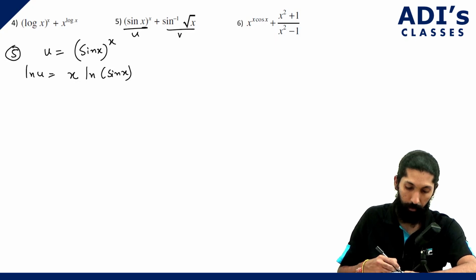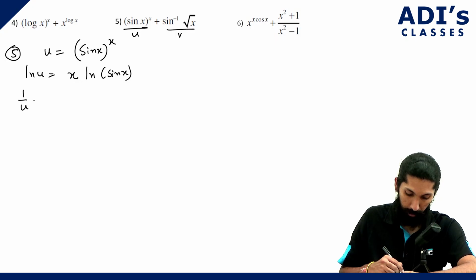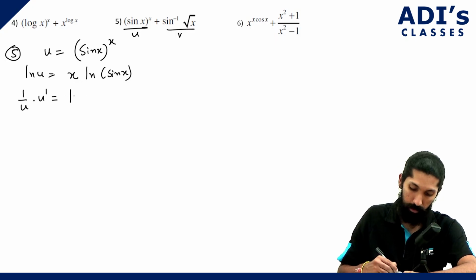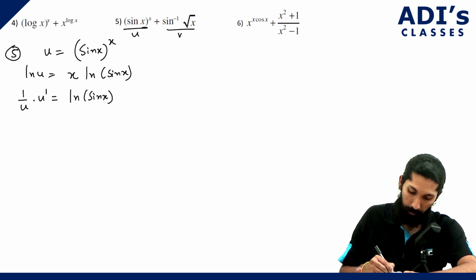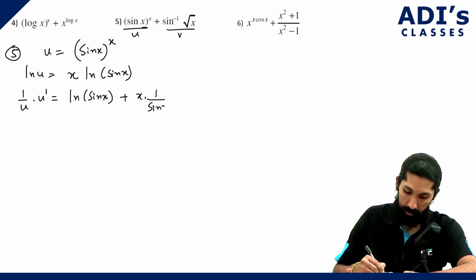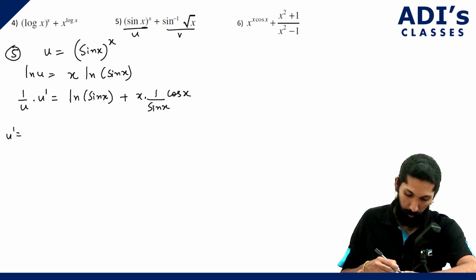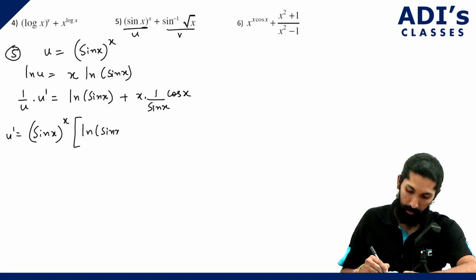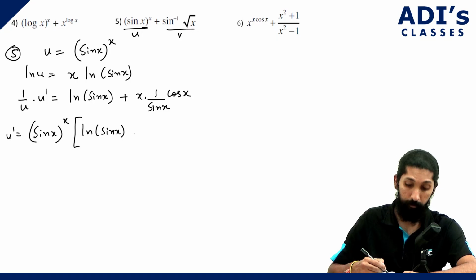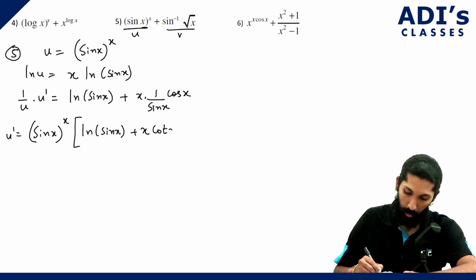Differentiate: 1 by u into u dash is log of sin x plus x into 1 by sin x into cos x. Correct? So u dash is equal to u, which is (sin x) to the power of x, into (log of sin x plus x into cot x). So this is going to give me the u dash value.